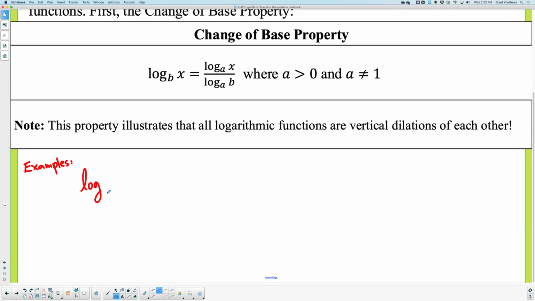If you had log base 2 of 7, you can change the base. You can actually change the base anytime you want. But I'm going to change it on log base 2 of 7. If you change the base, what happens is you make your y's divide. Let me write this.